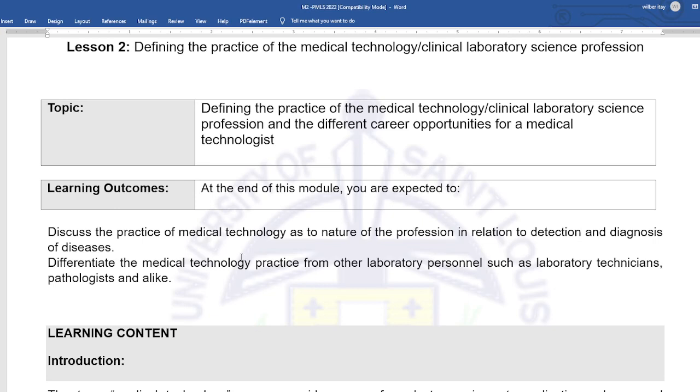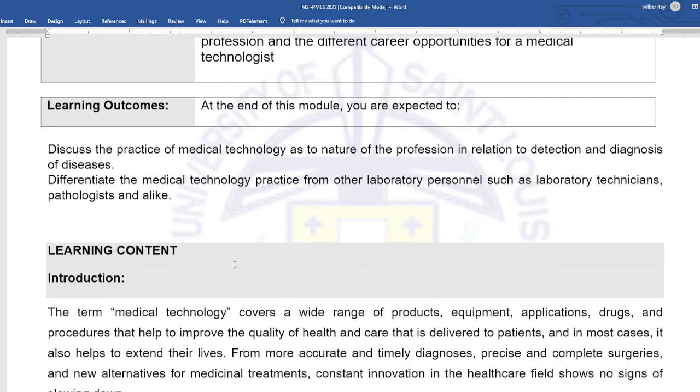At the end of this module, students must be able to discuss the practice of medtech as the nature of profession in relation to detection and diagnosis of diseases, and to differentiate the medical technology practice from other laboratory personnel such as laboratory technicians and pathologists alike.